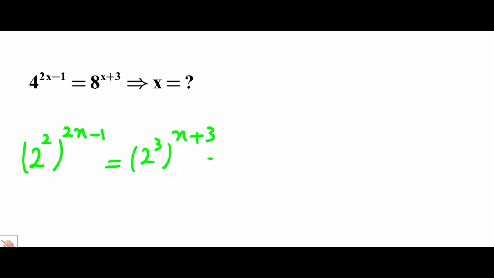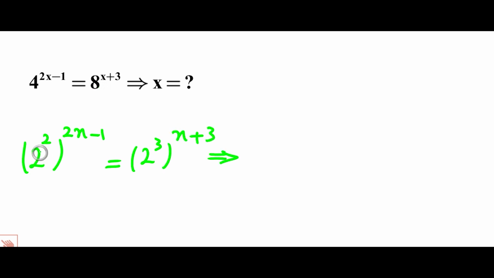Number 2: 4^(2x-1) equals 8^(x+3). Solve for x. Again, first express everything with base 2. 4 is 2 squared, so (2^2)^(2x-1) equals 8 which is 2 cubed, (2^3)^(x+3).